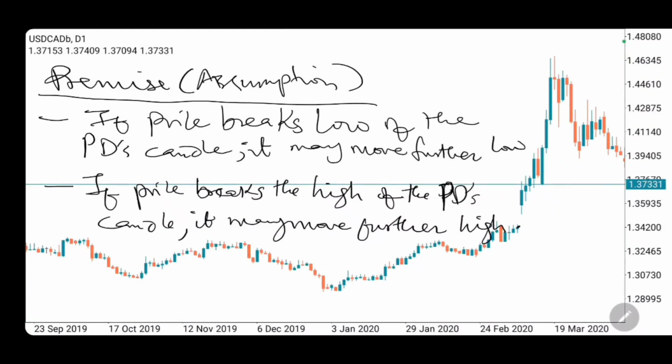All right, so this is the premise or the assumption of the two other methods of trading the previous day's high and low strategy. So it says that if price breaks the low of the previous day's candle, it may move further low. And if price breaks the high of the previous day's candle, it may move further high.